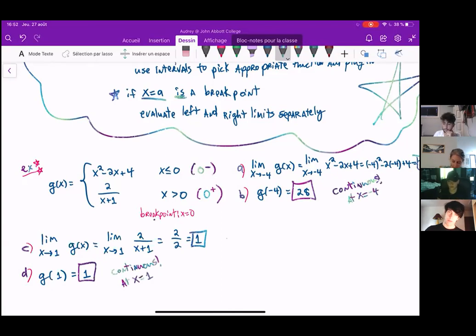All right, E. Let's look at the breakpoint now. The limit as x approaches 0 of g of x. This is the breakpoint, which means we need to look at the left and right separately.